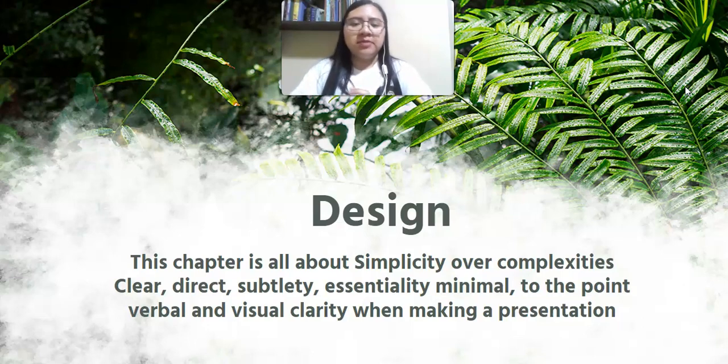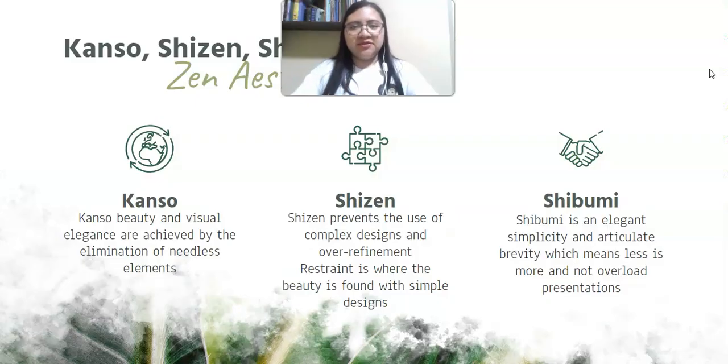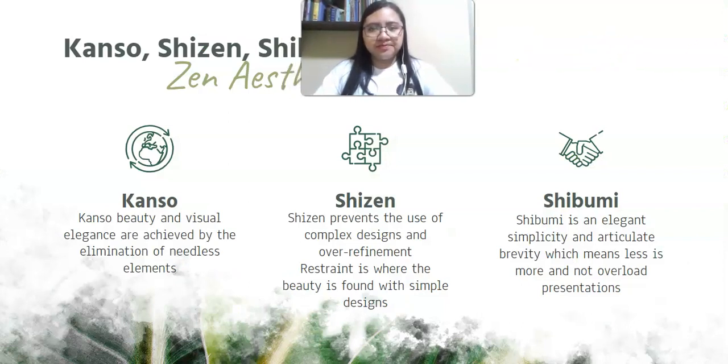This chapter is all about simplicity over complexities: clear, direct, subjective, essential, minimal, to the point, with verbal and visual clarity when making a presentation. If you want to call your audience's attention, you need to follow these tips to create a Zen presentation.